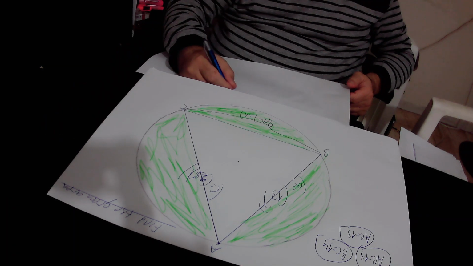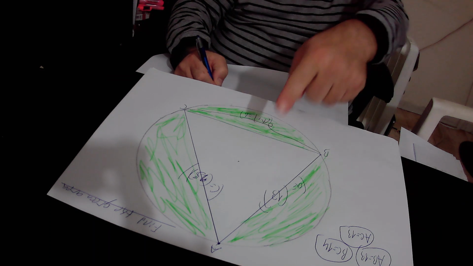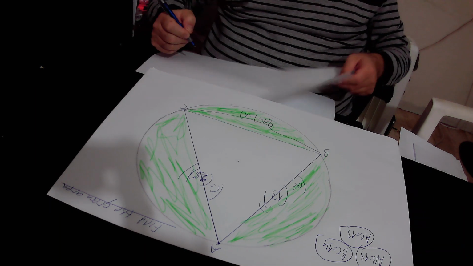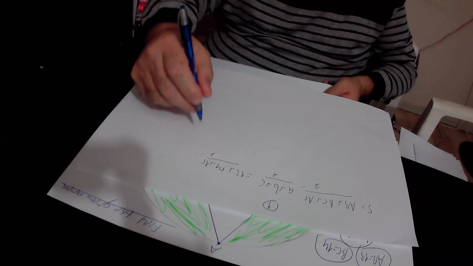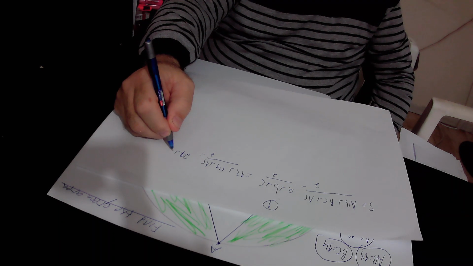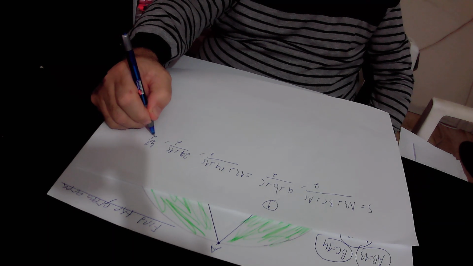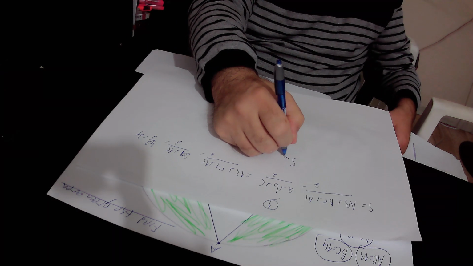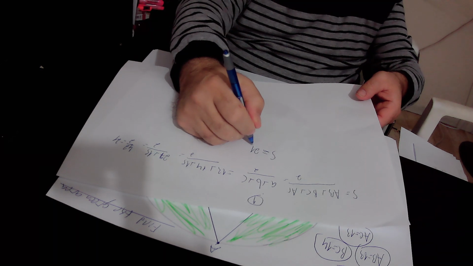A is 13, plus B is 14, plus C is 15, over 2. So the semi-perimeter of this triangle ABC equals 13 plus 14 is 27, 27 plus 15 is 42, and 42 over 2 is 21. So finally we found out that the semi-perimeter of this triangle ABC equals 21 units.